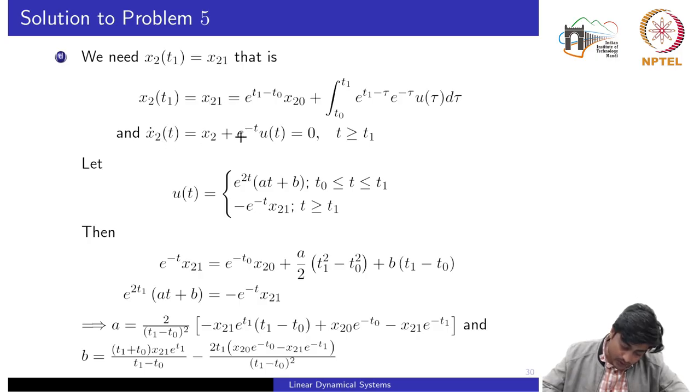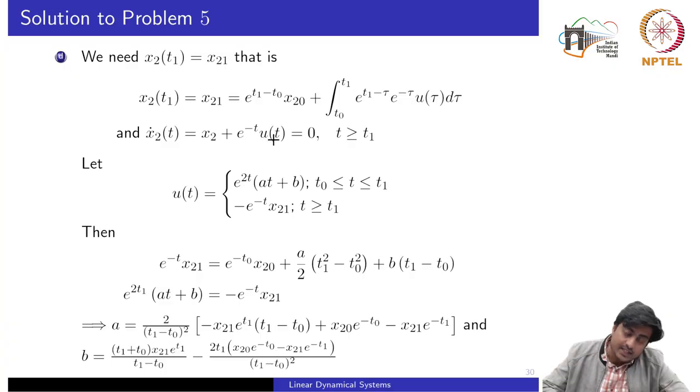Since we want x2 to stay at x21 for t greater than or equal to t1, the derivative of that equation should be equal to 0, so that it becomes a constant value starting from the initial condition at t equal to t1.